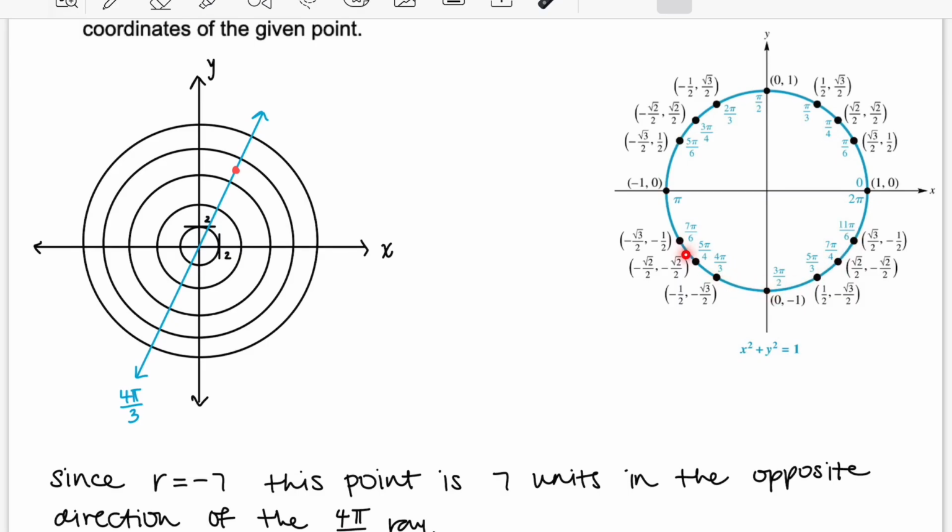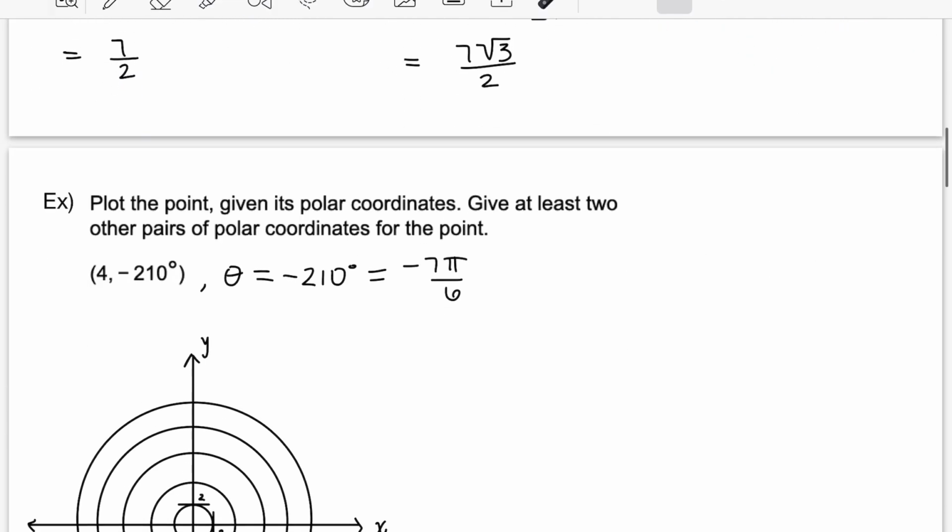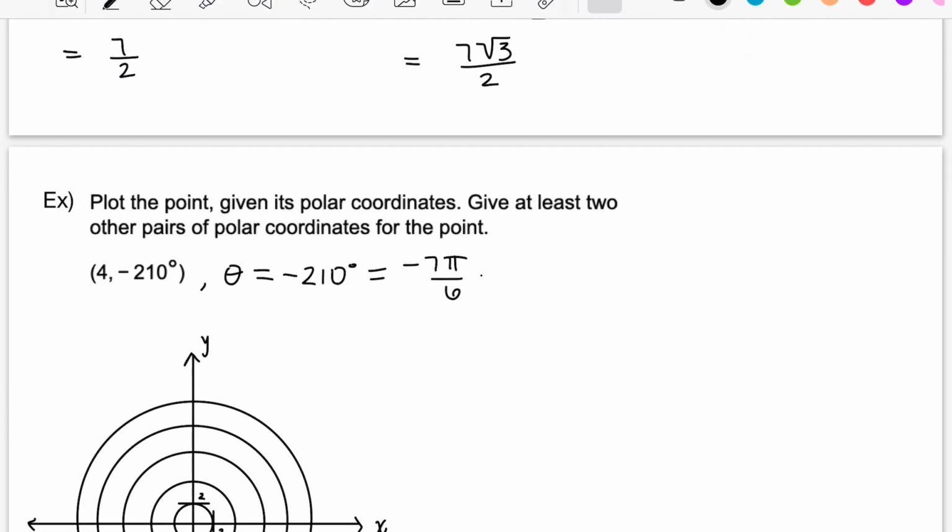Instead of moving in this direction to account for our negative angle, we can start here and move in a counterclockwise direction. So starting here on our x-axis, we can move in this direction, the same radian measure away from our horizontal axis as minus 7 pi over 6. Doing so, we would end up right here at 5 pi over 6. So minus 7 pi over 6 is the same thing as 5 pi over 6.